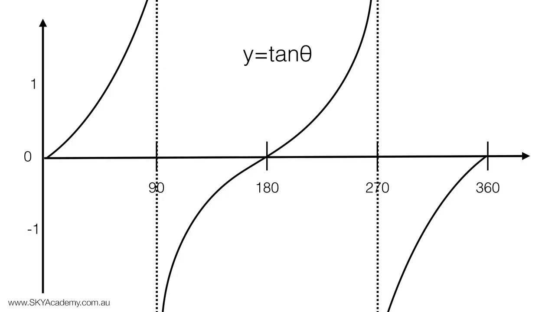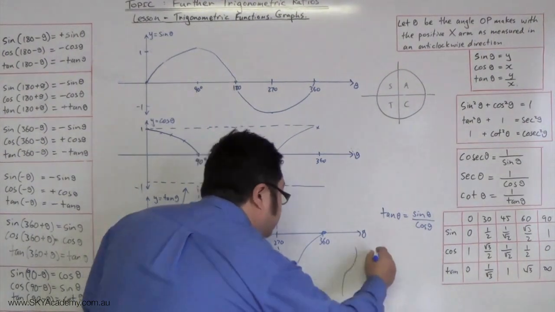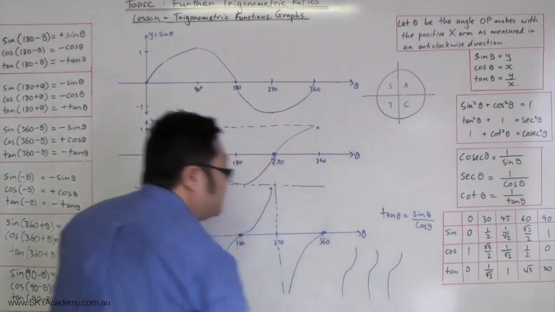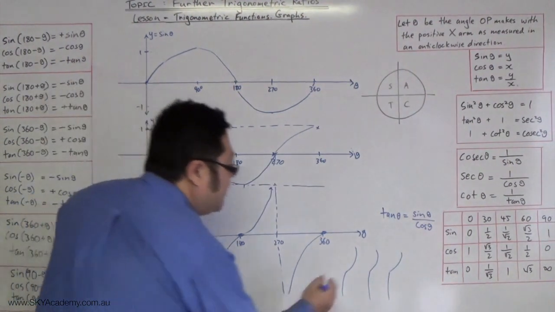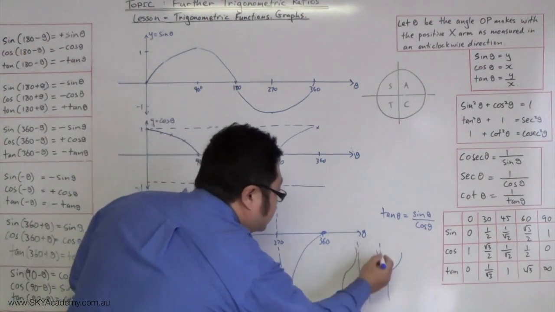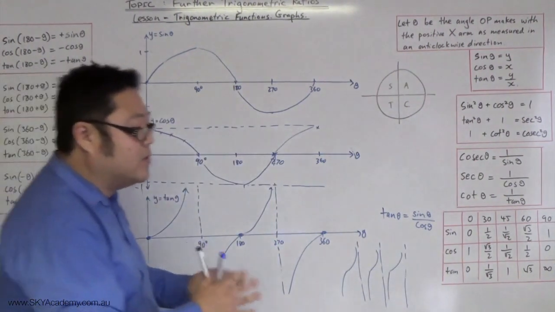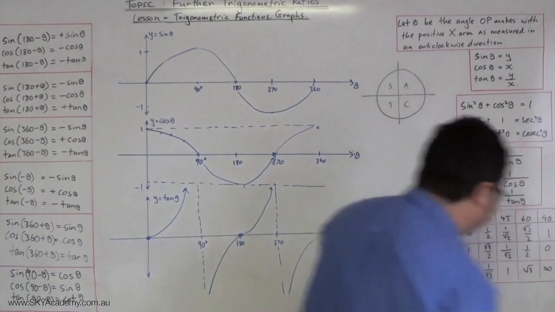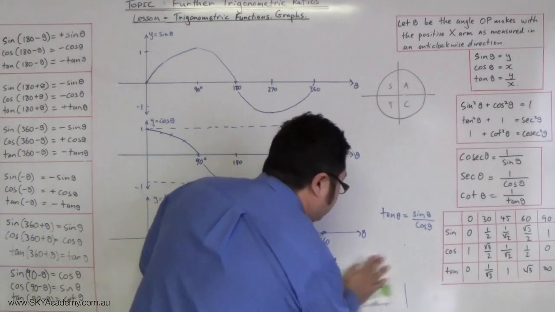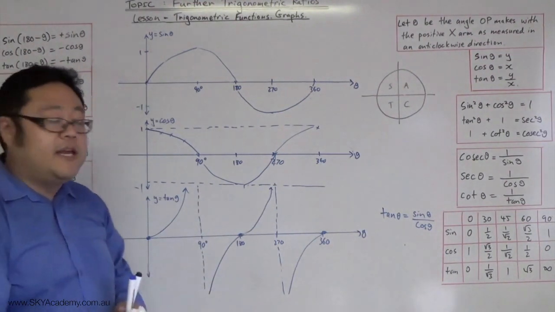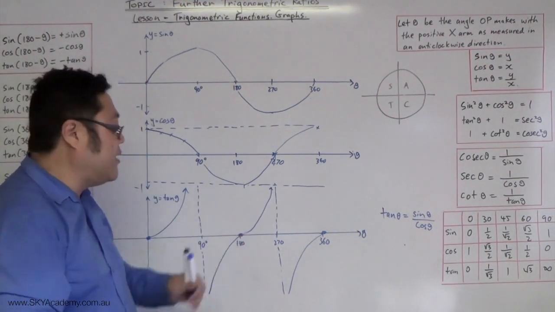And so you've got this graph, which is going to look like a series of graphs that look like that, each with its asymptote going down. So it looks like a series of almost cubic curves, but they're not cubic, they're tan graphs.